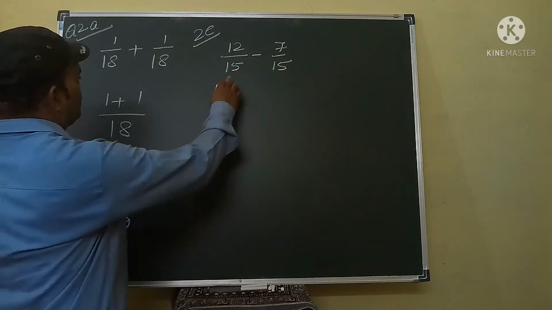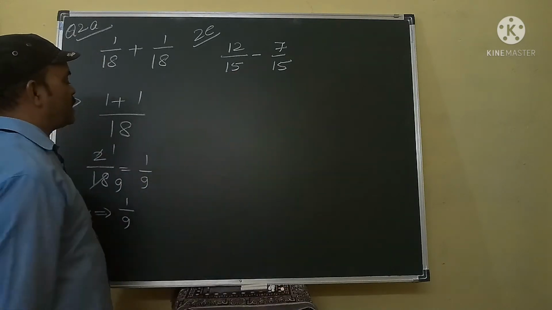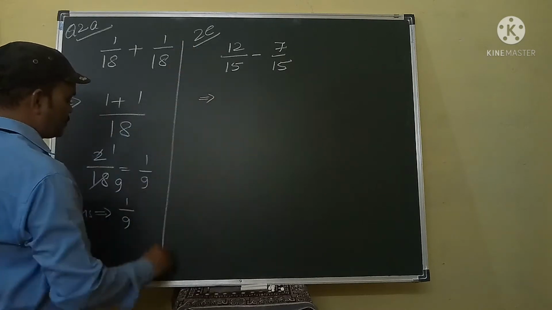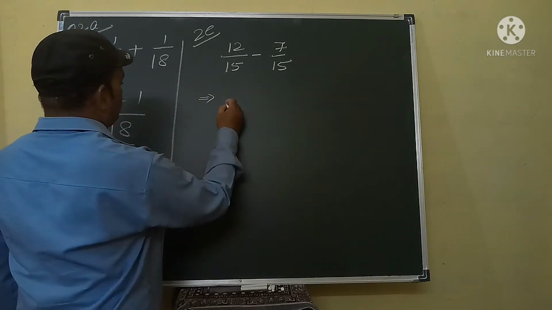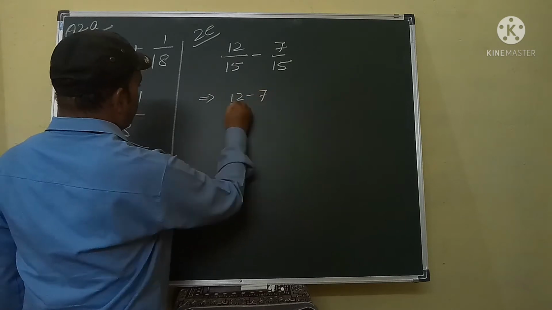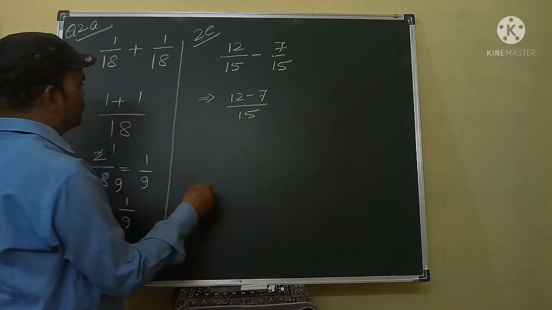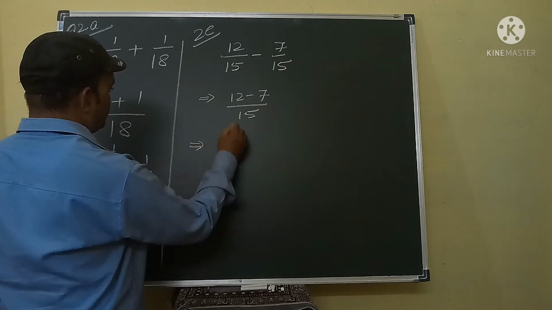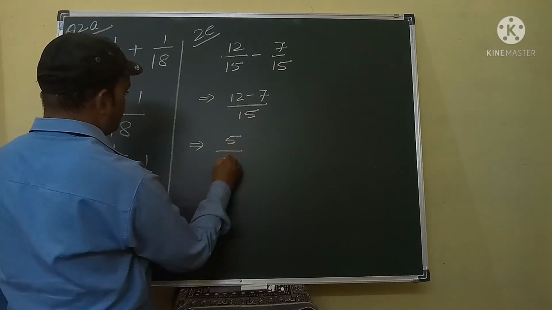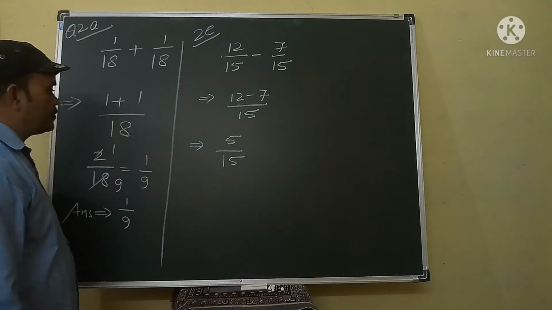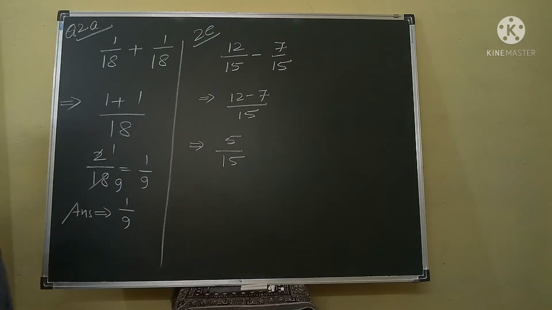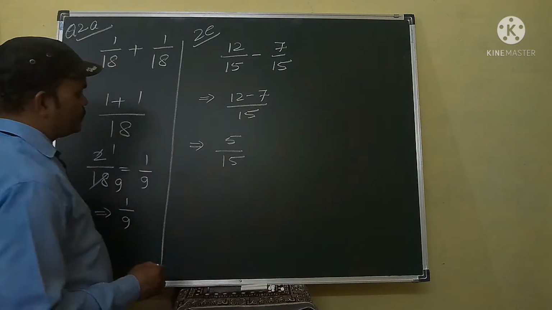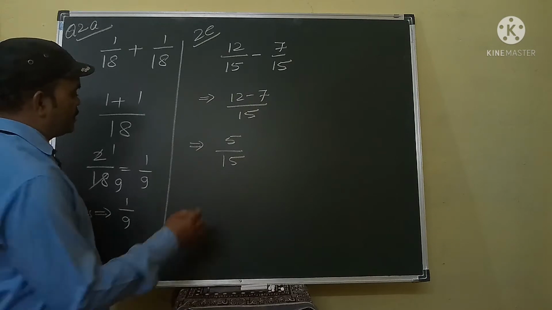As you are looking, these two fractions are like fractions, so we will apply the same procedure. We can write this as 12 minus 7 upon 15. 12 minus 7 is 5, so 5 upon 15. After simplification we will do it.